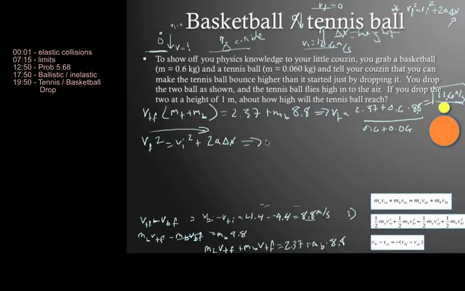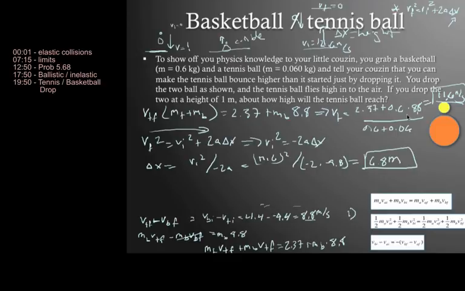So now I'm going to have V initial squared equals minus 2a delta x. So then delta x is going to be equal to V initial squared all over minus 2a. So here I'm going to have that 11.6. Got to square it. Minus 2 times a minus 9.8. When I plug all this in, I'm going to get 6.8 meters.